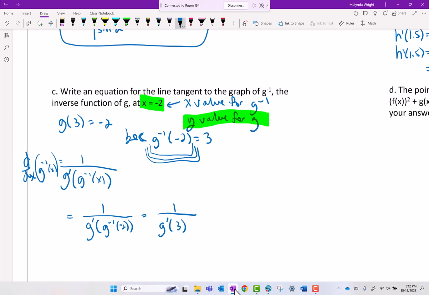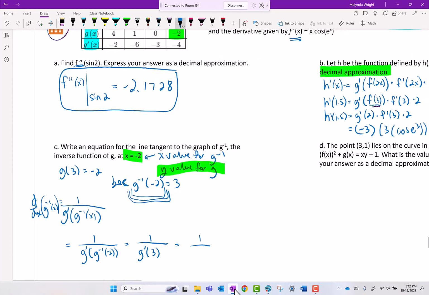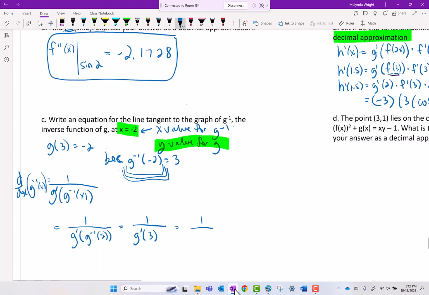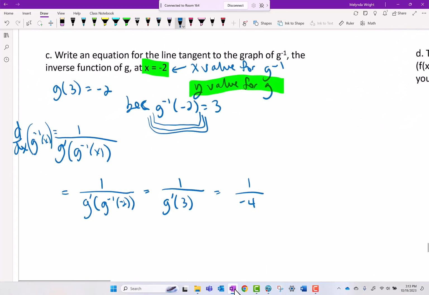The chart. I'm going to go to the chart. So that's going to be 1 over g prime of 3, and g prime of 3 is negative 4. So that's my slope. We want the equation for the tangent line, which means y minus y1 equals m times x minus x1.